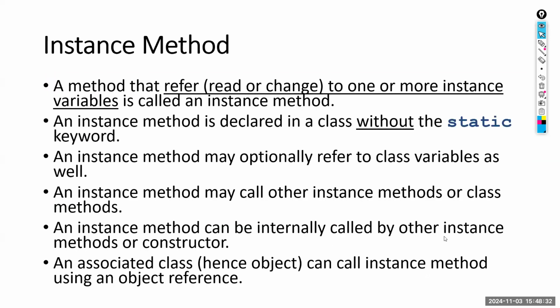Okay. All right. So the next thing is the behaviors. Behaviors can end up as either instance methods or class methods. So what is the difference between an instance method and a class method? If you don't have the static keyword in your method, that is an instance method.